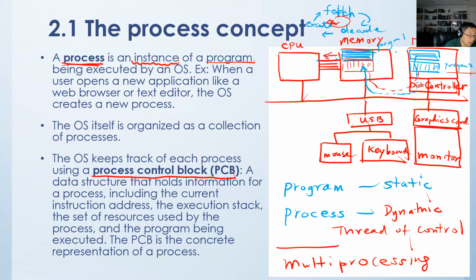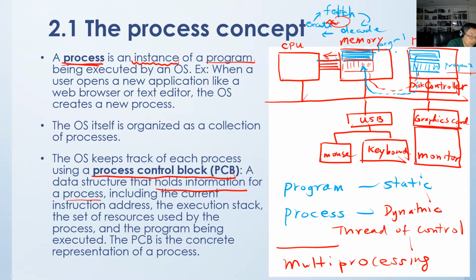If the computer contains 100 processes running concurrently, then there are 100 PCBs created. So this is the data structure that holds the information for a process.